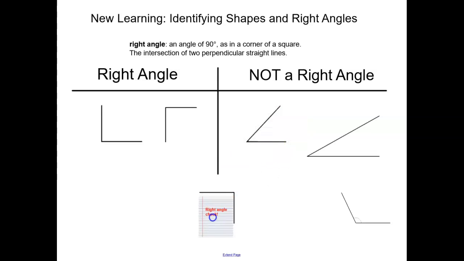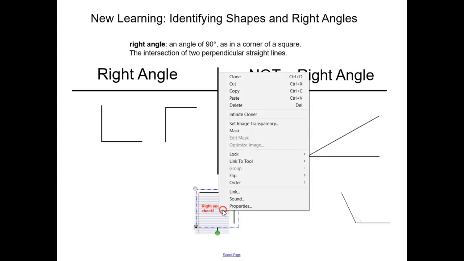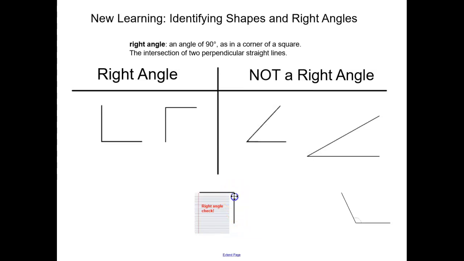And anytime you're not sure if an angle is a right angle, use your right angle checker and line it up to see, does it fit perfectly? And you will find that it does. Your right angle checker would just be your piece of paper. So take your piece of paper and double check to make sure that the corners fit in this right angle perfectly. You're right, it's a perfect right angle.